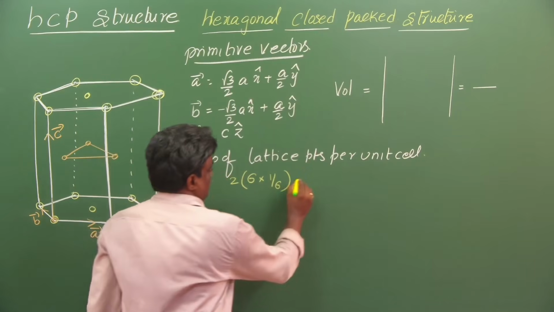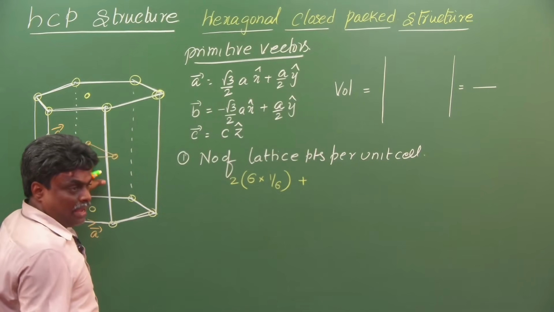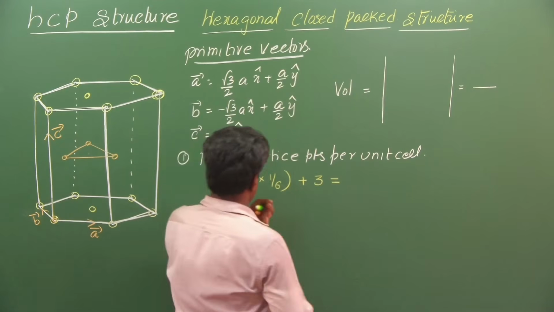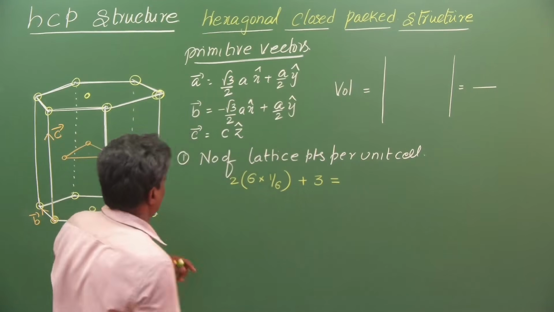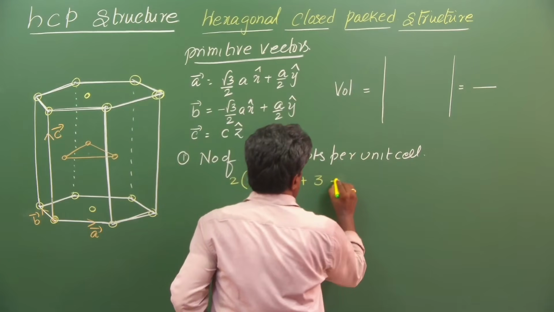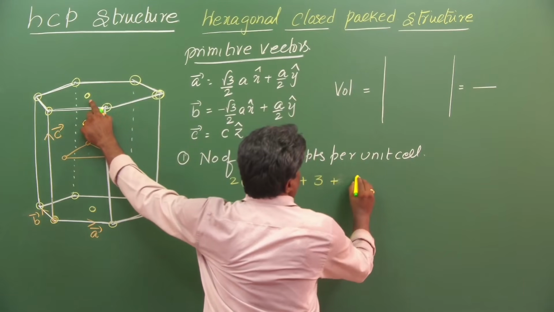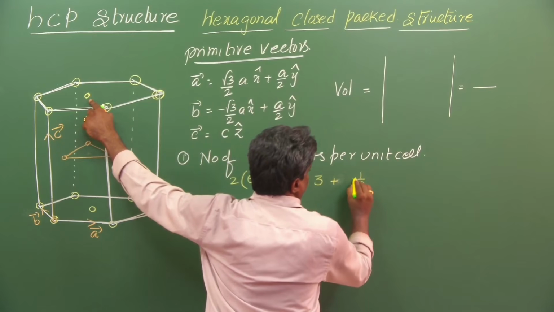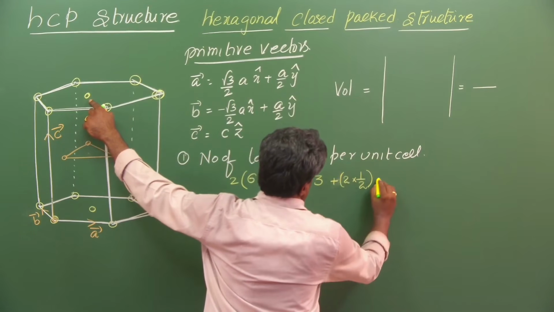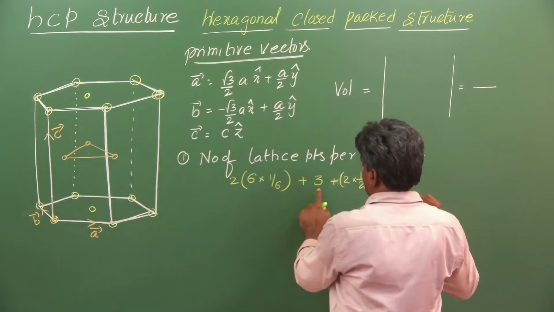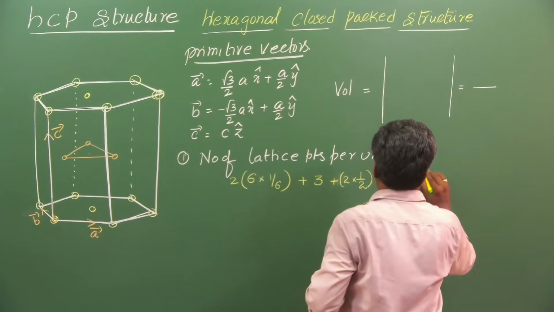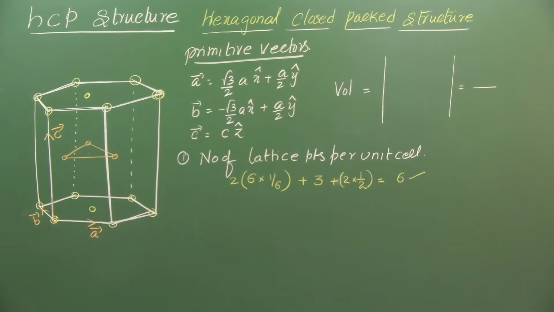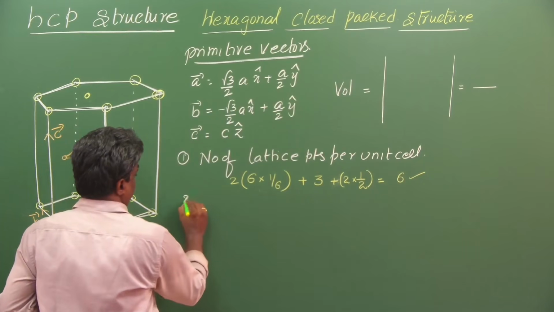Plus, in the middle we have 3, and each of these is shared by 2, that's why 1 by 2. So this is 6 times 1 by 6 is 1, plus the 2 face atoms is 2, plus 3 inside is 3. Total 6. So the number of lattice points per unit cell in HCP is 6.